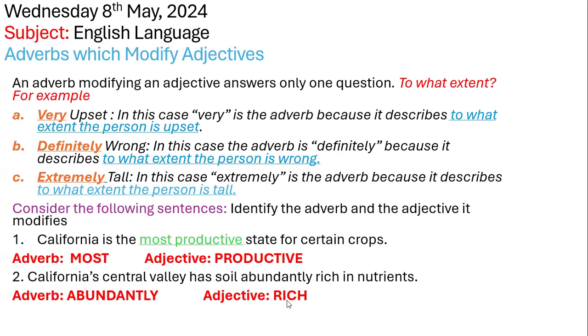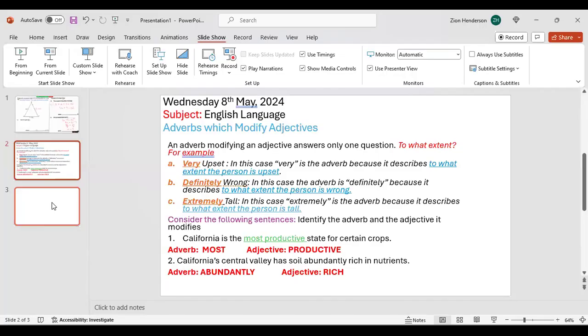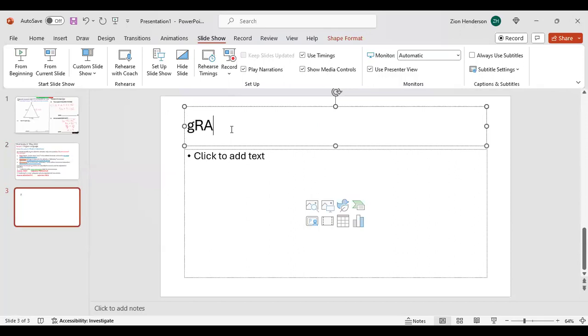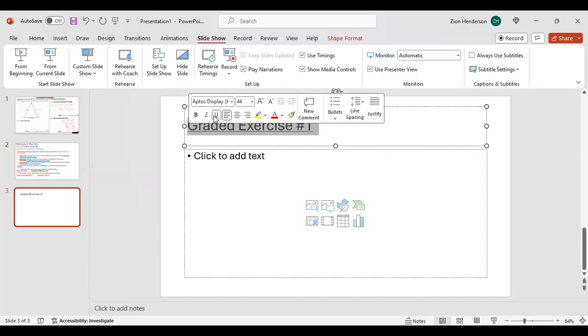Once your phone has finished updating, you can take a picture of your work. So for the grade exercise, you want to recognize the adverb and tell me what adjective is being modified.